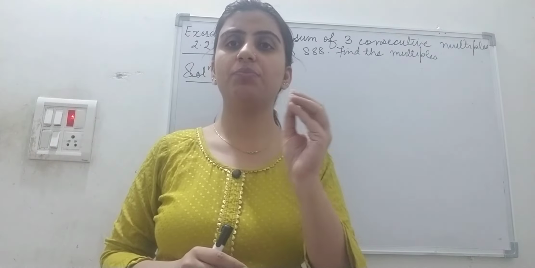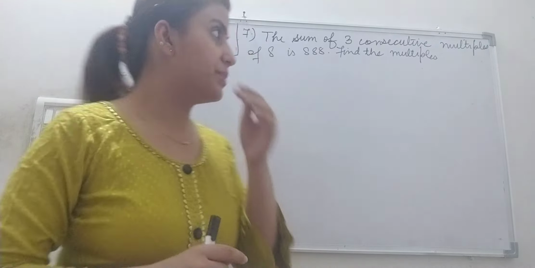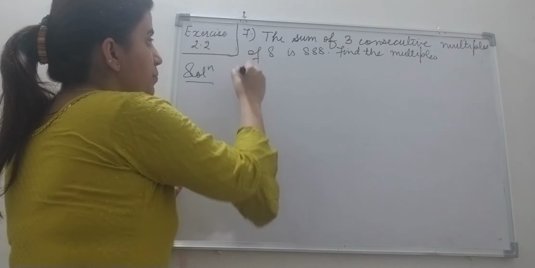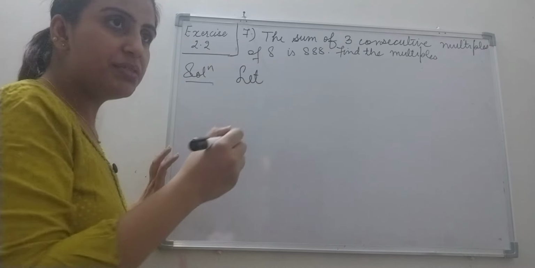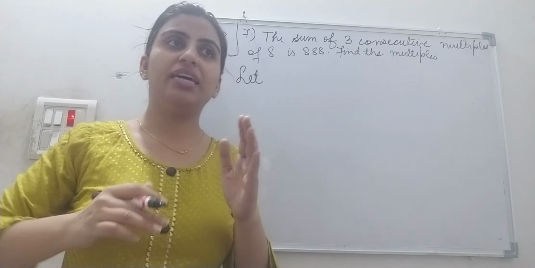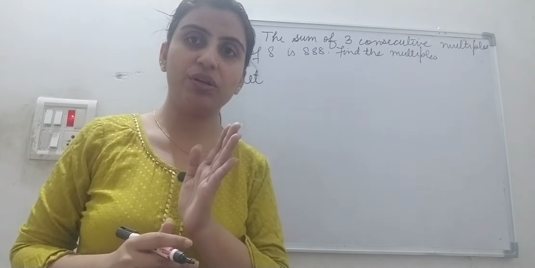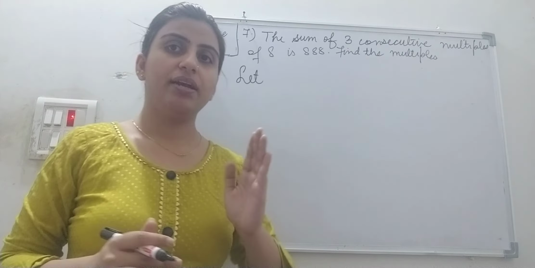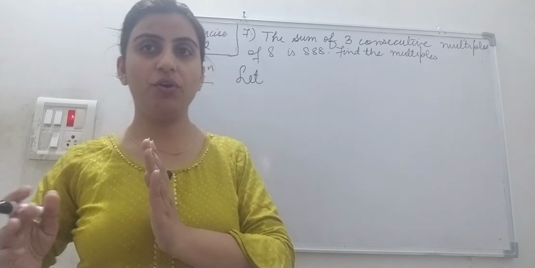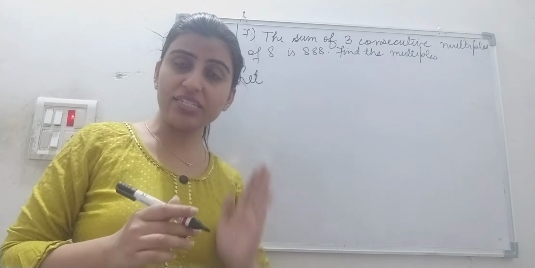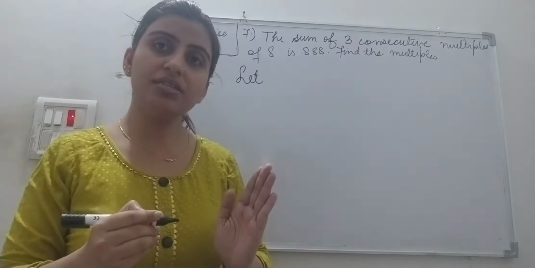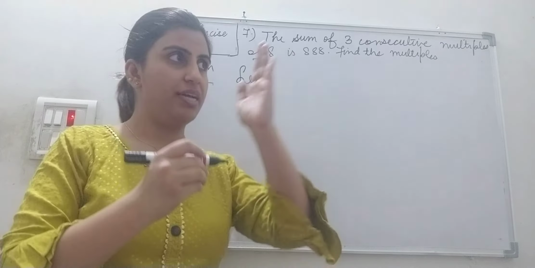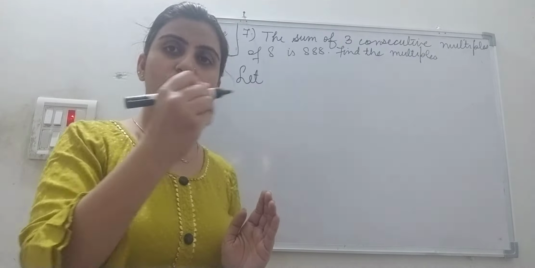First of all, we will suppose the three multiples. Multiples means 8 1 is 8, that is 8 into 1 is 8, 8 2 is 16, that means 8 into 2 is 16, 8 into 3 is 24. Here 8 is common and the other numbers are changing in a consecutive order, 1, 2, 3.